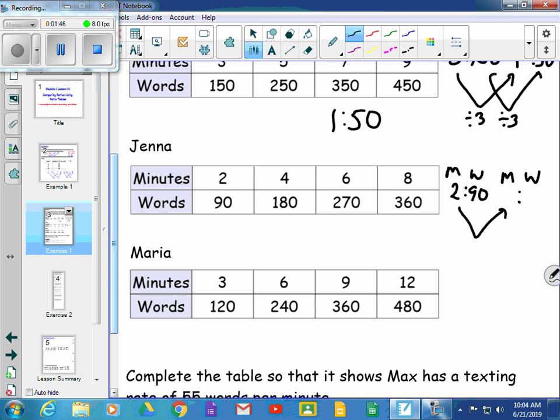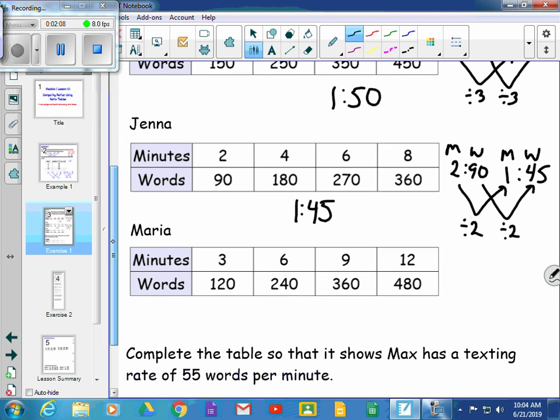What can we divide out of both of those to simplify it? We can divide a 2 out of that. 2 divided by 2 is 1, and 90 divided by 2 is 45. So every one of those ratios in that particular table is equivalent to 1 to 45. For every 1 minute that Jenna texts, she texts 45 words.